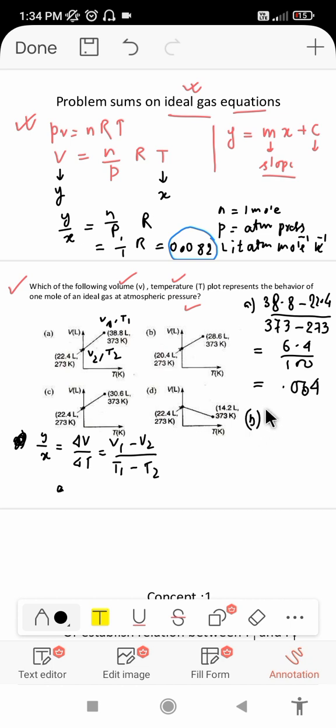In case of B, it will be 28.6 minus 20.4 divided by 100, equals 8.2 divided by 100, that is 0.082.